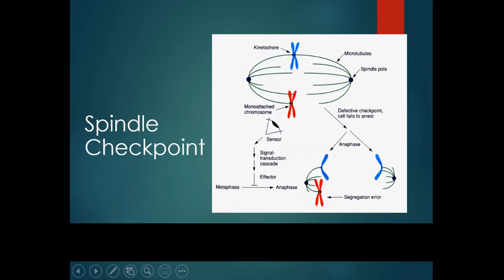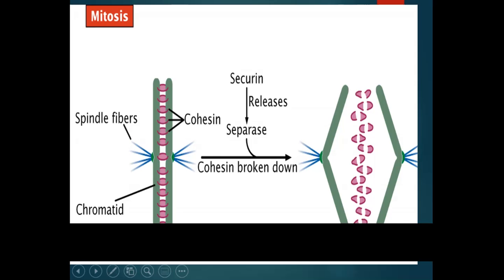So in order to prevent that from happening, we need to make sure that all of the spindle microtubules, all of the kinetochore microtubules, are in place and attached to the kinetochores before we break down the cohesin that allows the chromatids to stay together. Okay, so if you look at this thing in the middle here, this is cohesin, and cohesin is a ring protein that connects together the sister chromatids.